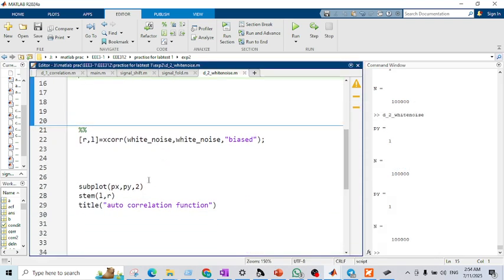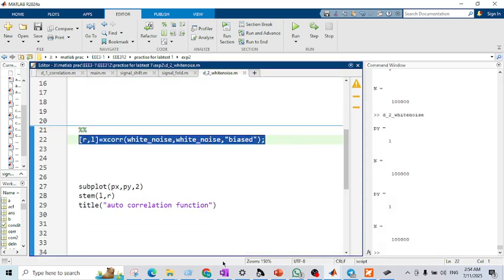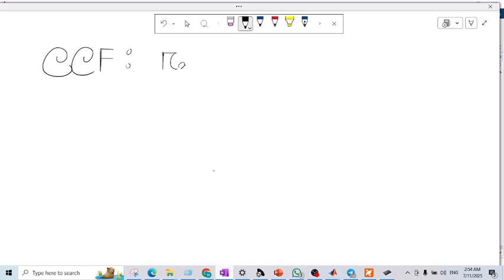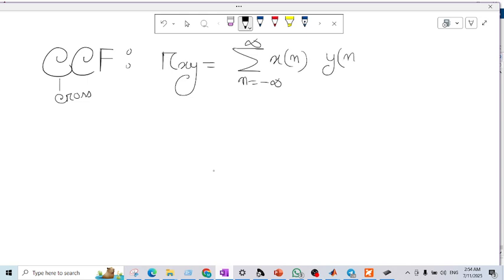Now we are going to make an autocorrelation of that white noise. Let's see how we can do this. So we know that the cross correlation function Rxy is the sum over n from minus infinity to plus infinity of x[n] times y[n minus l].